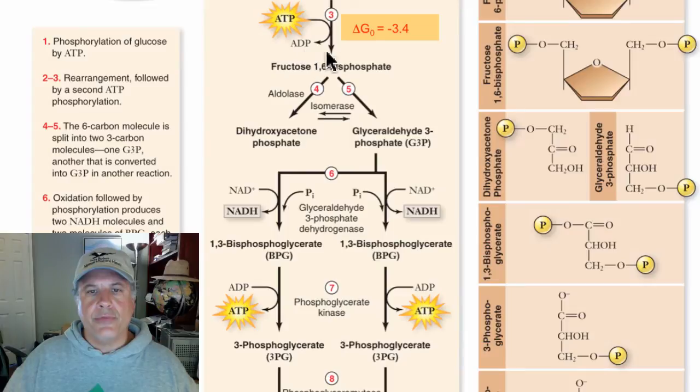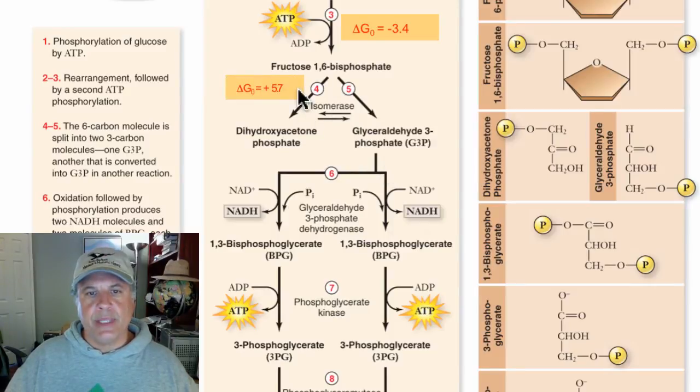So we've gone through the energy investment phase up here, and then the cleavage phase by aldolase, and then the isomerization of dihydroxyacetone phosphate into G3P, glyceraldehyde 3-phosphate. And now we are ready to enter, in steps 6 through 10, the energy yielding phase.